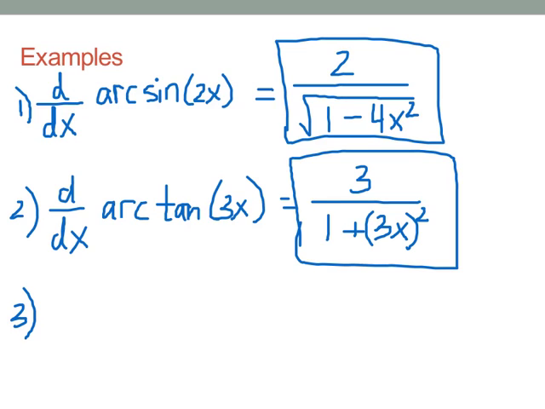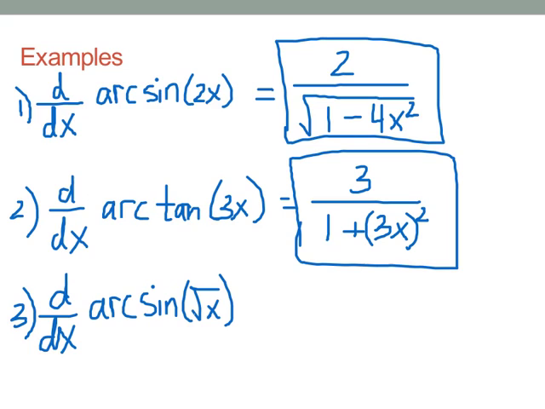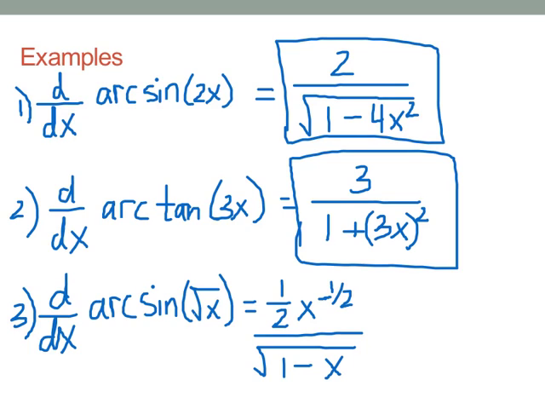Alright, third example. Let's take the derivative of arc sine of radical x. So the derivative of the square root of x is 1/2 x to the negative 1/2 all over the square root of 1 minus, now in this case the square root of x squared just leaves me with x.